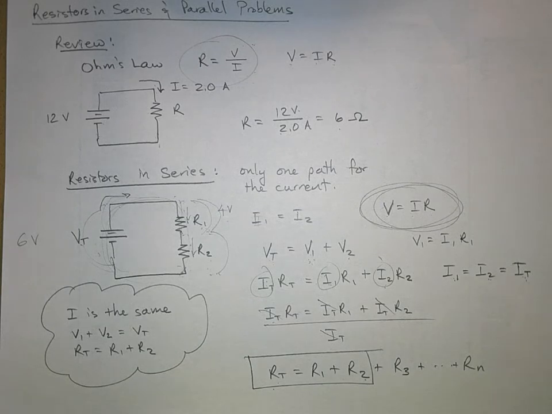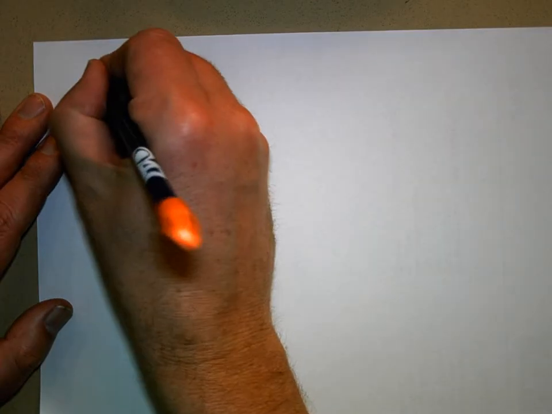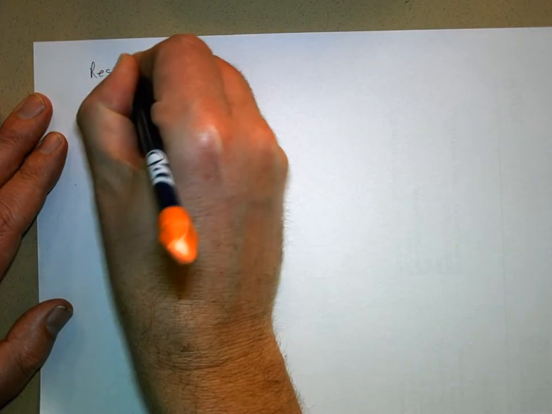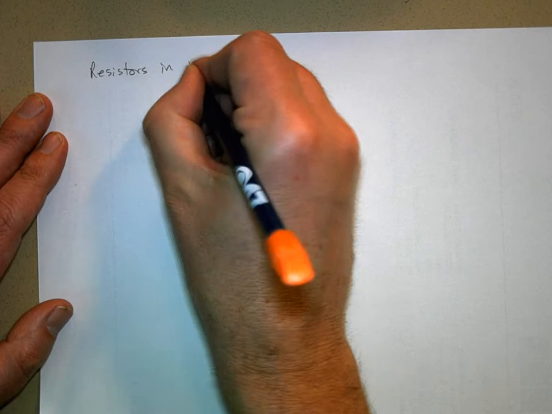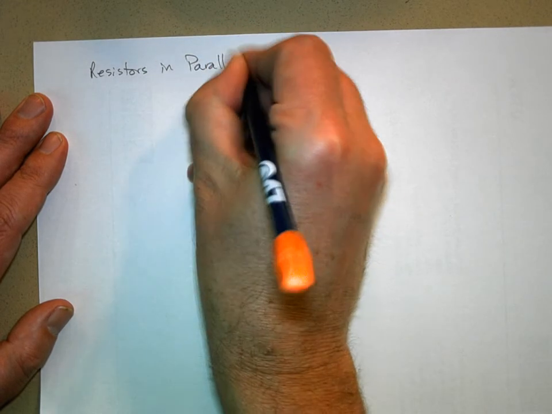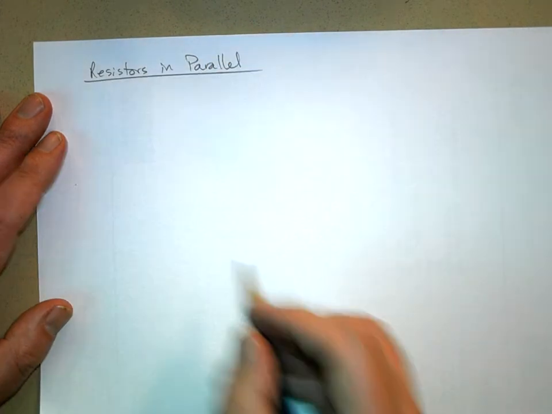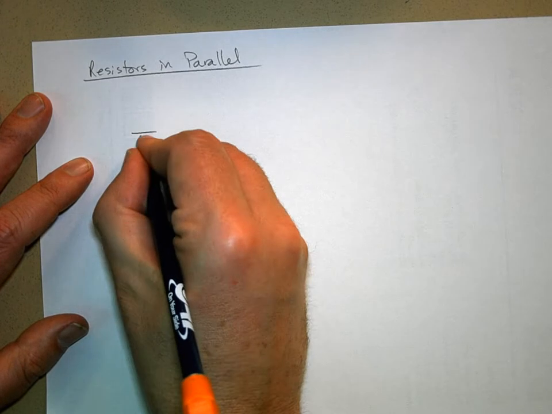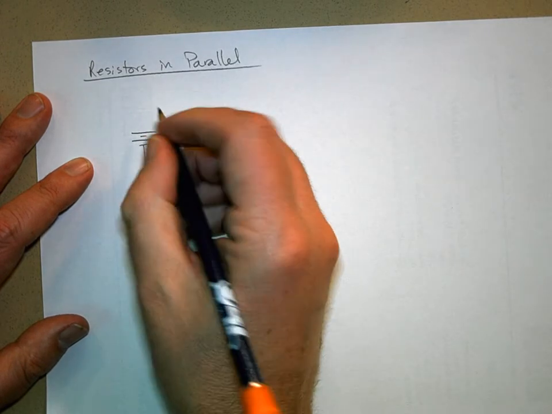Okay, now we're going to get to resistors in parallel, and it's a little more complicated. But it's going to make sense with what we just saw in the lab. So let's take a battery like this.